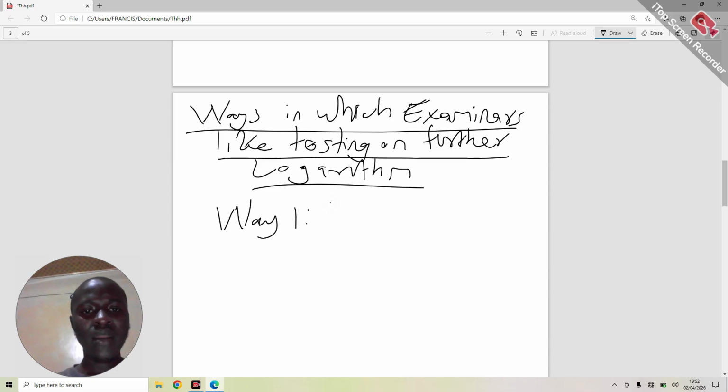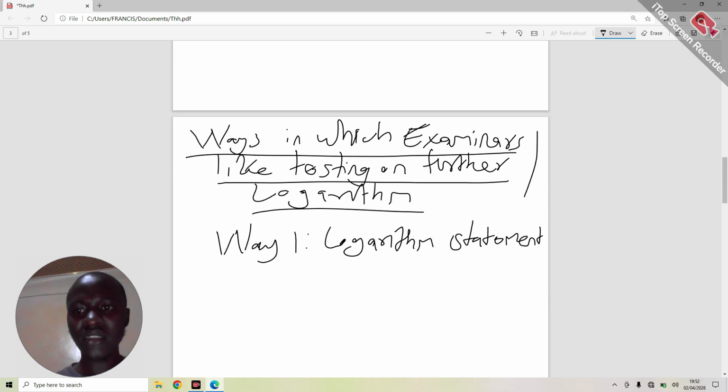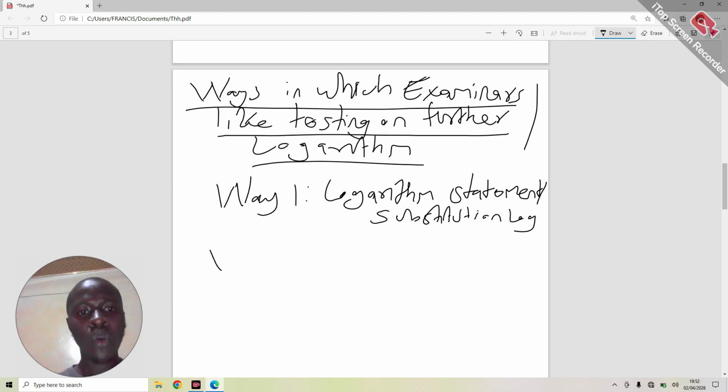So way number 1, we have a logarithm statement, or logarithm statement is the same as substitution log.